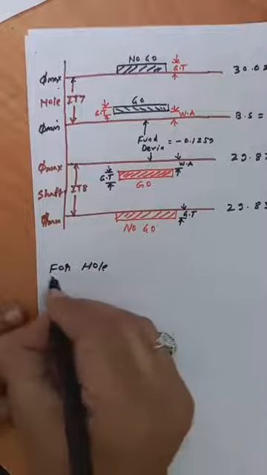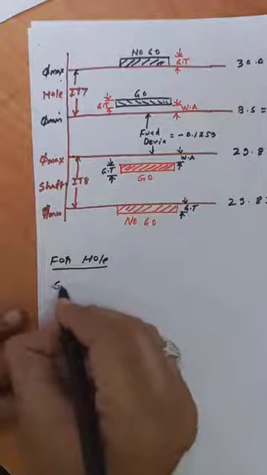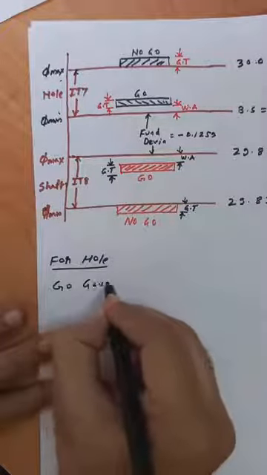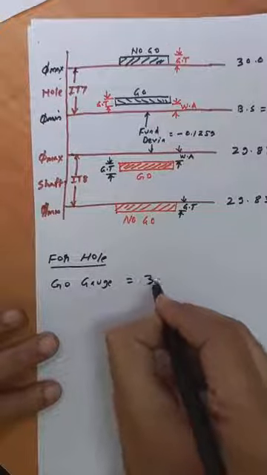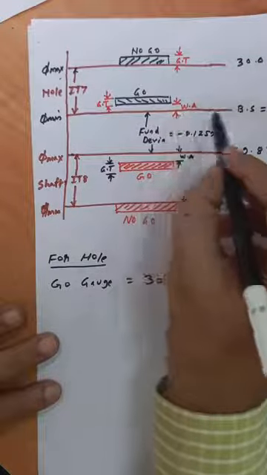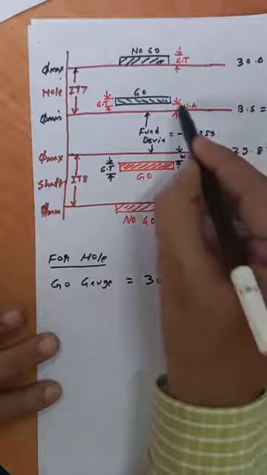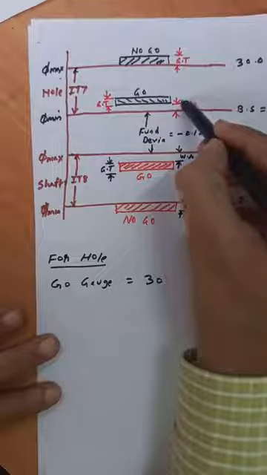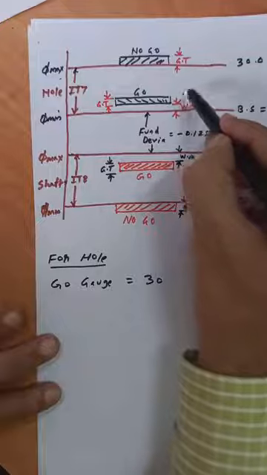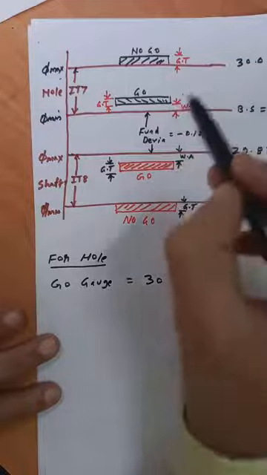We have to calculate the dimensions for the go gauge. In this case the basic size for the go gauge is 30. The maximum goes up to wear allowance plus gauge tolerance, and the minimum goes up to wear allowance.